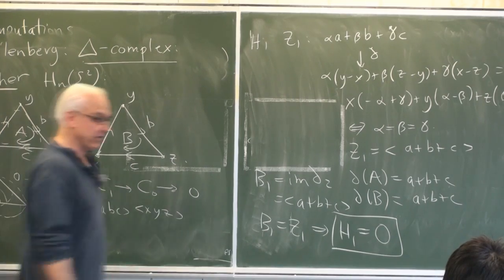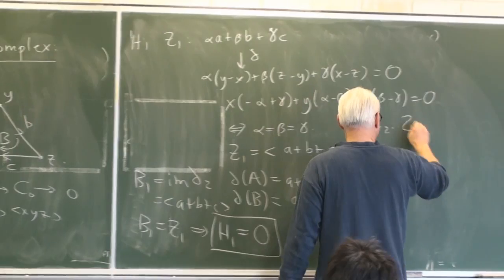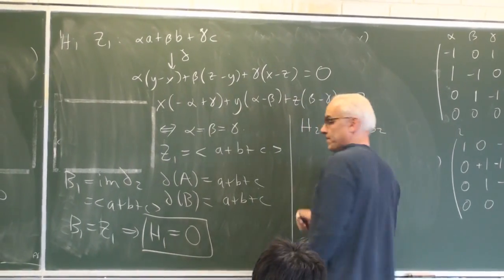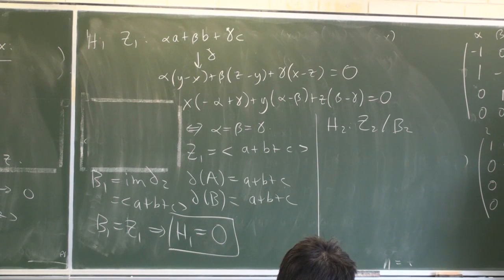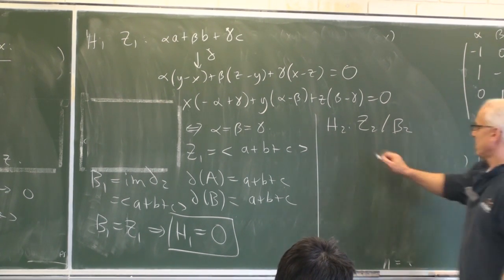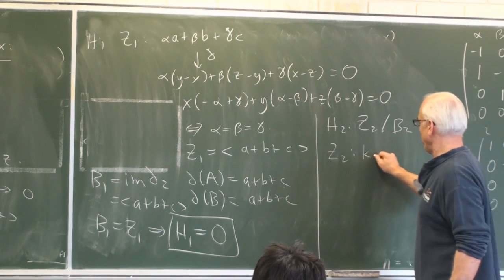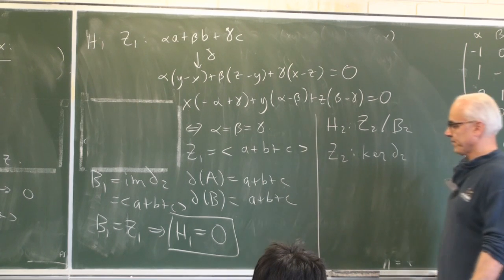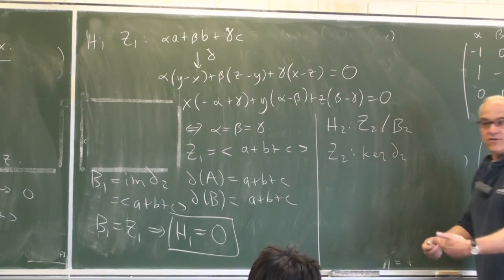And what about our second homology? So that's Z2 over B2. Well, what is the kernel of del 2? Which combinations of A and B are going to get sent to 0?